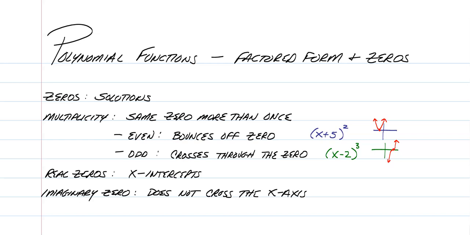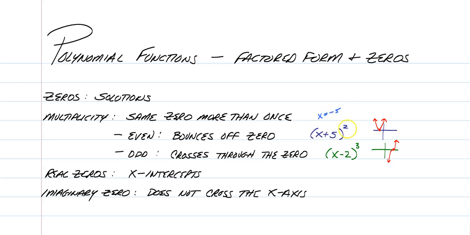Multiplicity for a zero. As I just mentioned, a zero is a solution or an x-intercept, but a multiplicity is how many times it happens. So if you have something along the lines of (x + 5) squared after you are in factored form, you know that equals negative 5.